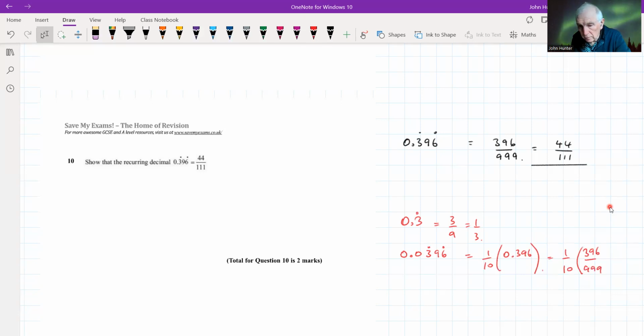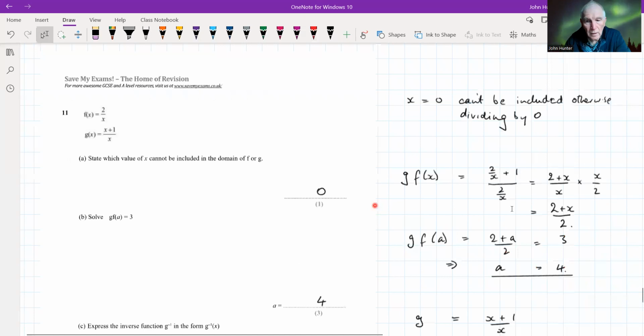We should put those in there, and then obviously that's going to work out to be 44 over 1110. Okay. So in other situations, we may well have to do this sort of scaling idea before we can get to our answer.